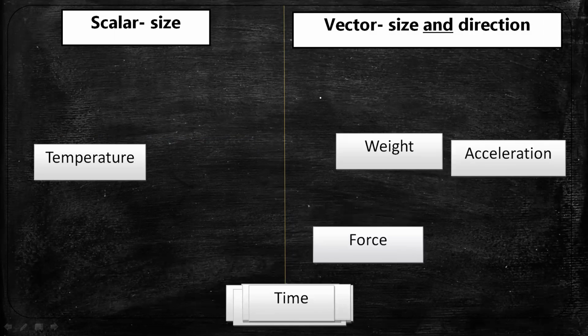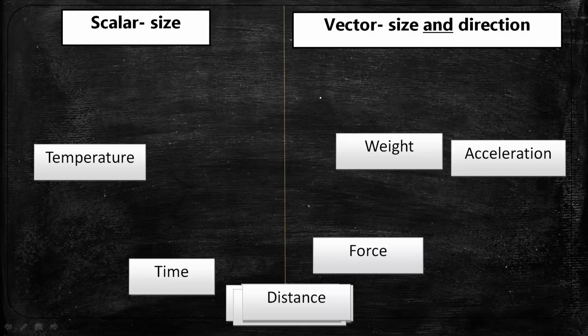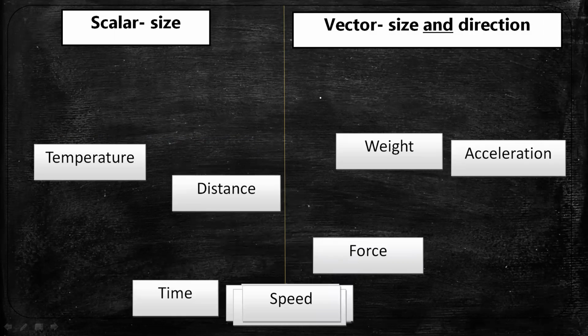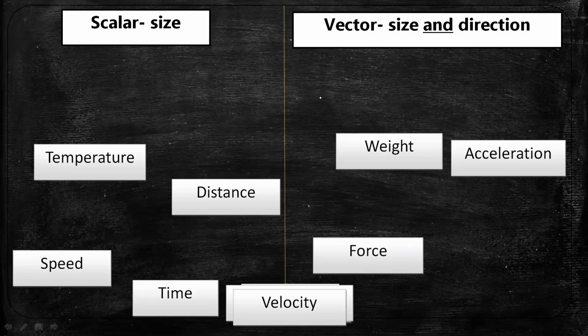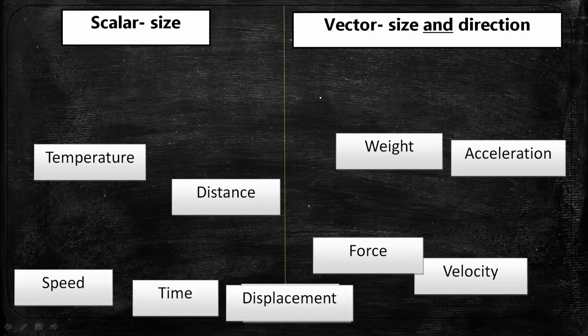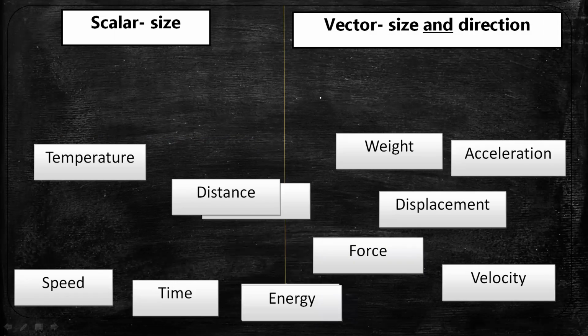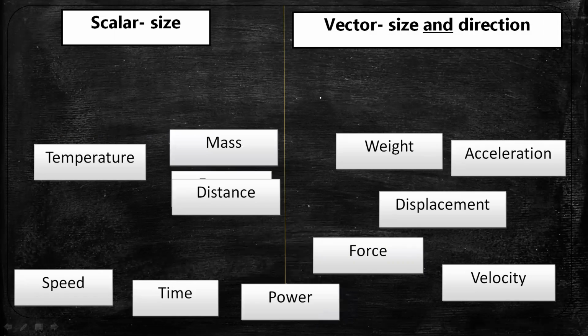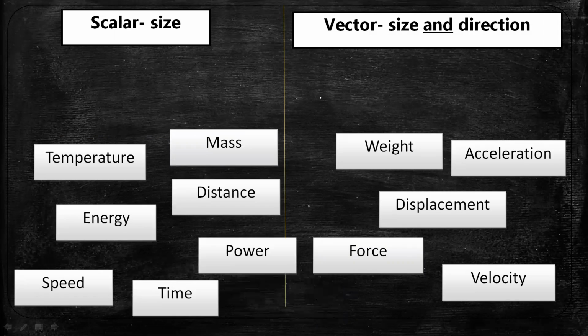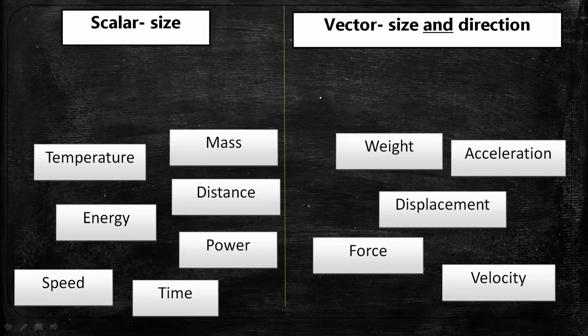Force is also a vector. Time is a scalar. Distance is a scalar. Speed is another example of a scalar. Velocity is a vector. Displacement is a vector. But mass is a scalar, energy is a scalar, and power is also a scalar. So we came to know many other examples of scalars and vectors from this slide.